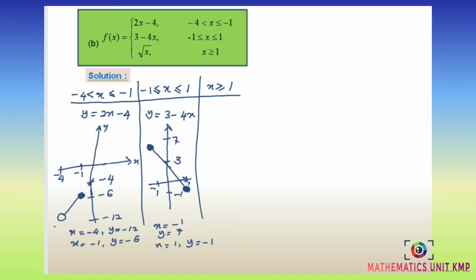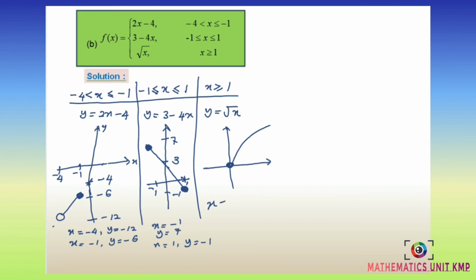For the third function, y equals square root of x, the graph is a square root graph. The starting point of the graph is at (0, 0). Referring to the limit x greater than or equal to 1, when x equals 1, y equals 1.